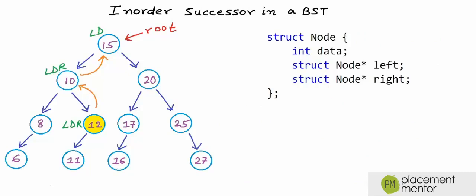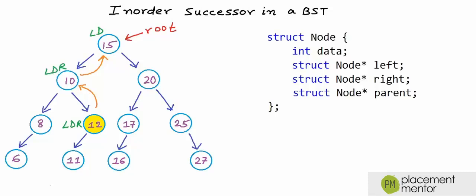We have one field to store data, and we have 2 pointers to node to store references or addresses of left and right children. Often it makes a lot of sense to have one more field to store the address of the parent. We can design our tree like this, and then we will not have a problem walking the tree up using the parent link. We can easily go to the ancestors.